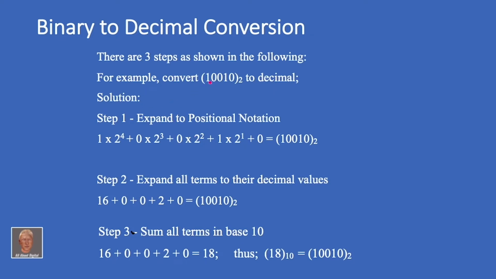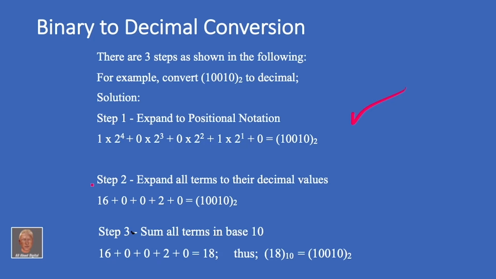So we look at it, and the fourth digit's a 1, so it's 1 times 2 to the 4th. The third digit is 0 times 2 cubed, plus 0 times 2 squared, plus 1 times 2 to the first, plus 0. Okay, again, that's equal to 10010 base 2. That's step number 1.